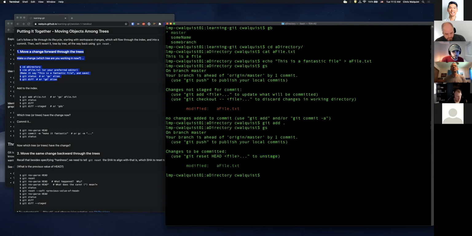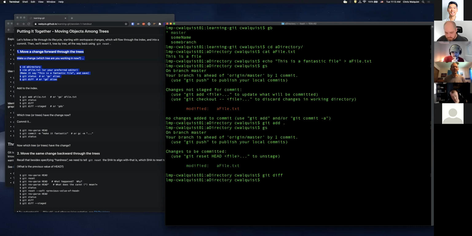Now, at this point, we can do differences between our trees with Git. So if we do just git diff, what does that tell us? That right now our current tree is still matching the original origin master. Okay.